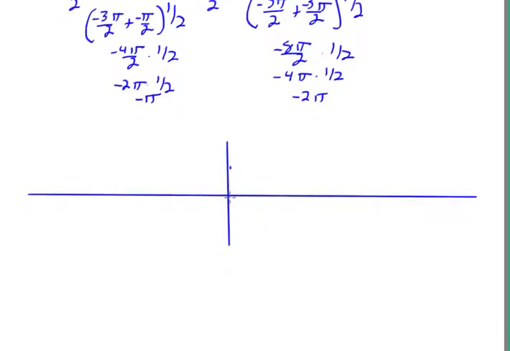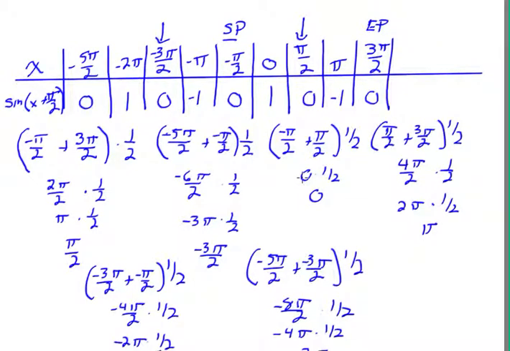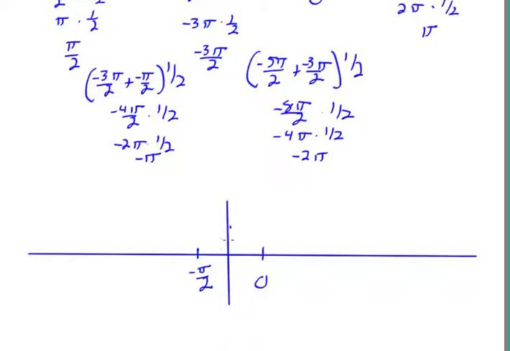Okay, so there is our 0. This is our negative pi over 2. What was next there? Pi over 2, pi, 3 pi over 2. I'm sorry, that's not the 0.